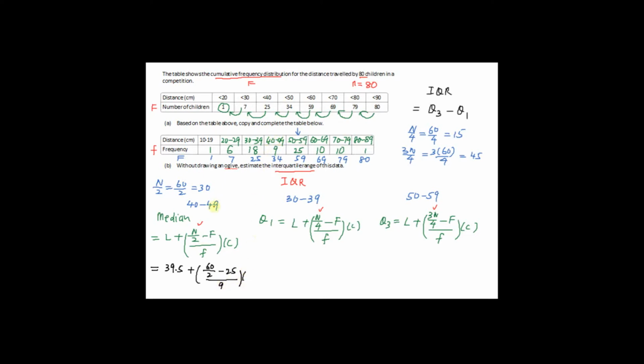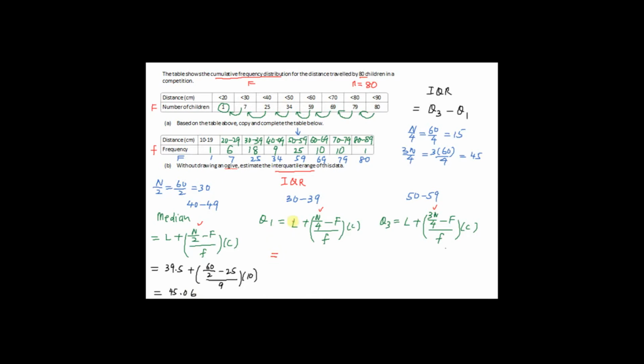Remember, the class size is the upper boundary minus the lower boundary, which is 49.5 minus 39.5, which is 10. So the value for your median is 45.06.